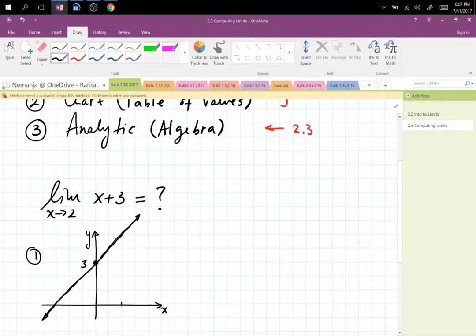And as we approach 2 from the left, we are approaching this point. As we approach 2 from the right, we are approaching the same point, and that point is at 5. So using the graphical method, we find that the limit of x plus 3 as x goes to 2 is 5.